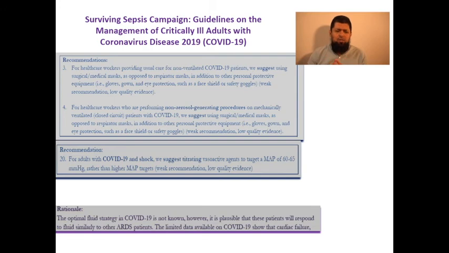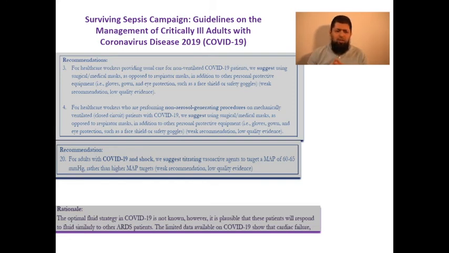For healthcare workers performing non-aerosol generating procedures, or caring for mechanically ventilated closed-circuit patients with COVID-19, they suggest using surgical medical masks as opposed to respirator masks, in addition to other personal protective equipment.